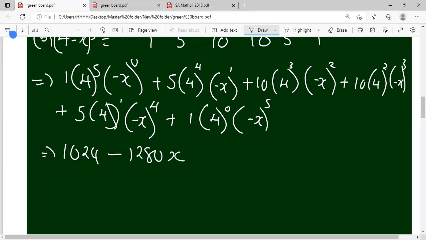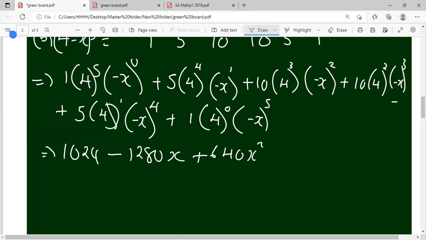Now look at x. Negative x is raised to the power 2, so it will be positive. Then you say 4 to the power 3 by 10. So we are going to get plus 640x to the power 2.